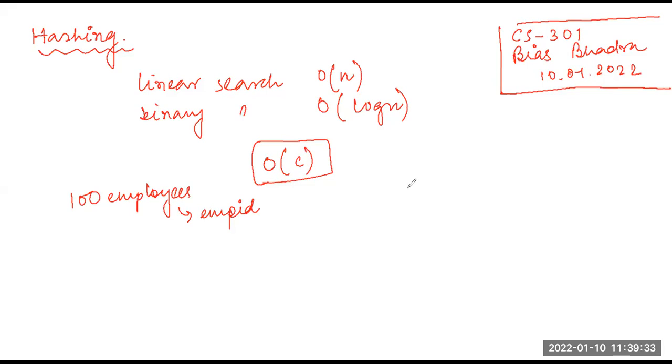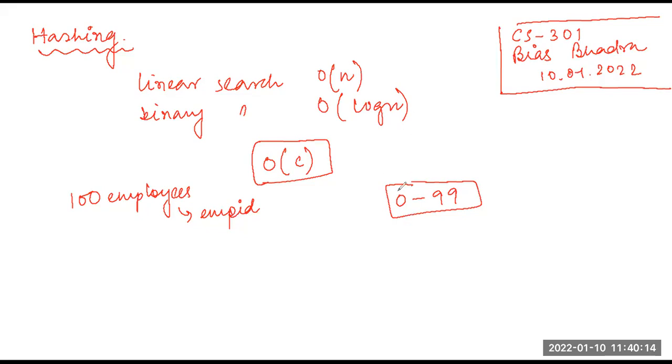For the easiest case, I will store all the employee details in my array, and I can give employee IDs from 0 to 99 to my employees. To store the records in the array, each employee ID will act as an index into the array where the employee's record will be stored.